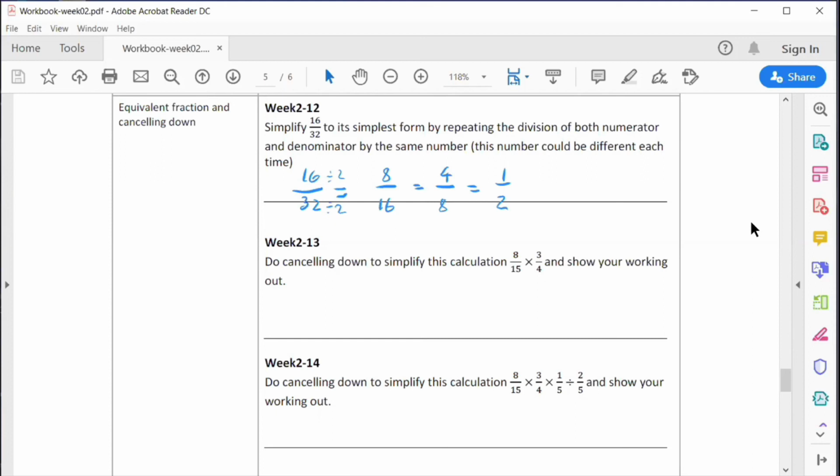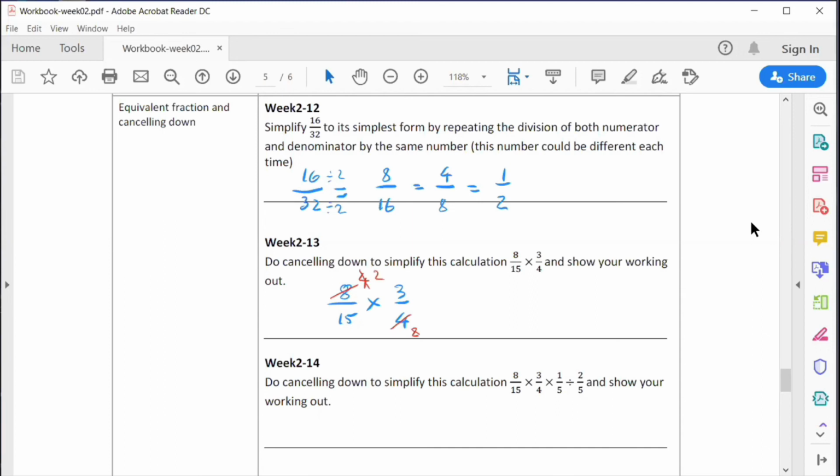All right, now number 13, pretty easy. So you got A out of 15, and you times with 3, 4. So you can cancel down, right? You can divide that by 2, and divide that by 2, 5, 2, and you can have a 4. And then you can cancel down again.